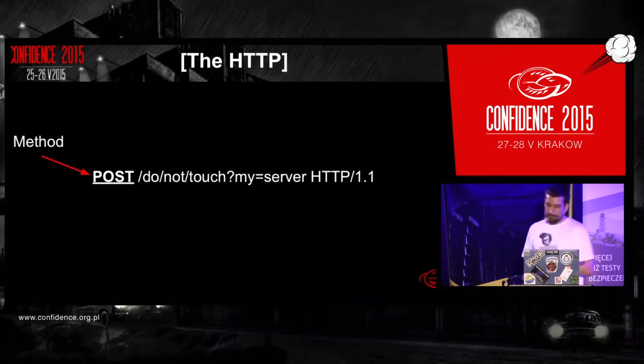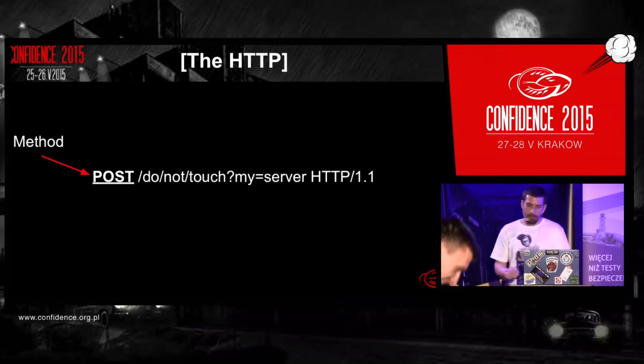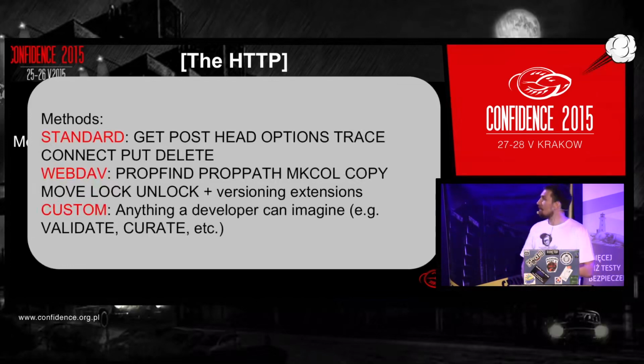First segment is the first line, which contains the method definition. Methods may be standard, for example GET, POST, HEAD, OPTIONS, etc., or some WebDAV methods, for example COPY, MOVE, LOCK, etc. Also, there may be some custom methods defined by developers of an exact web server, and the number of such methods can be limited only by the imagination of an actual developer.